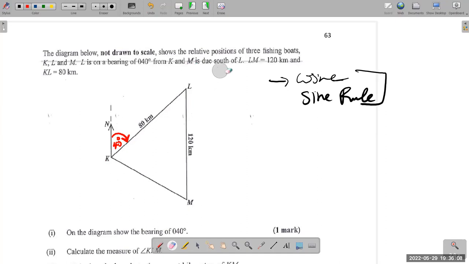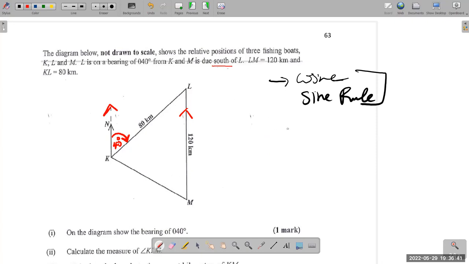And M is due south of L. Let's look at it, south of L. Everybody see that? Do you know what that means? If something goes south, do you know that these 2 lines are parallel then? Anybody realize that? Because when you're using bearings, if somebody says you're going south, that is directly parallel to north. Talk to me. Anytime they tell you south, you know what to think about.